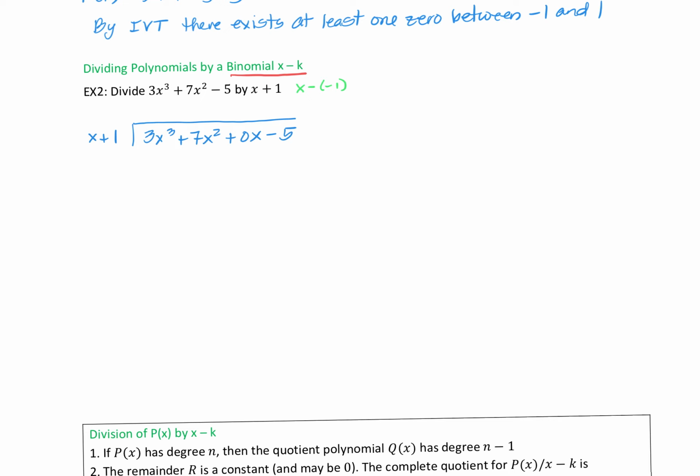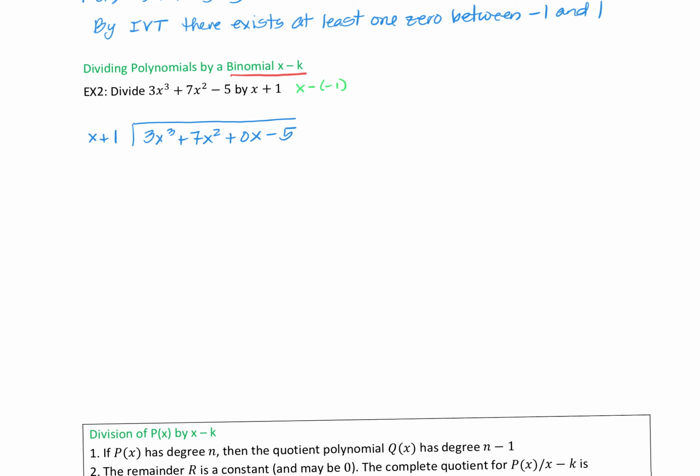Now with long division, remember what you do is you ask yourself, what do I need to multiply this x plus 1 by to get the 3x to the third and so on, which is kind of difficult to understand. So instead, what you should be looking at is the leading term.